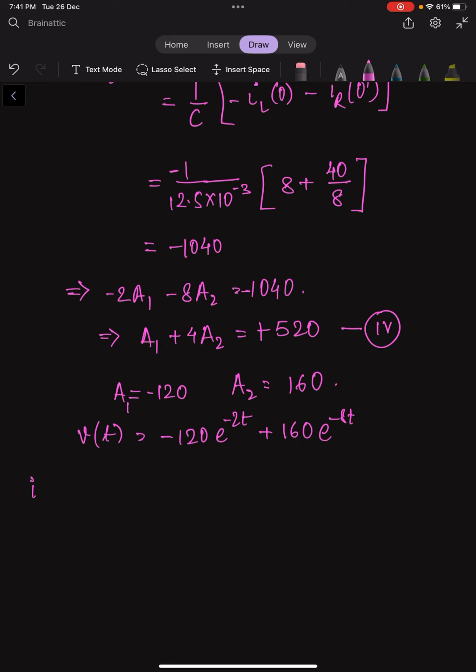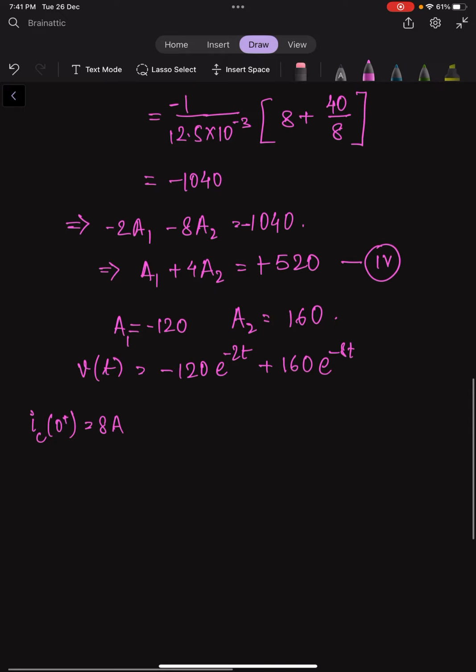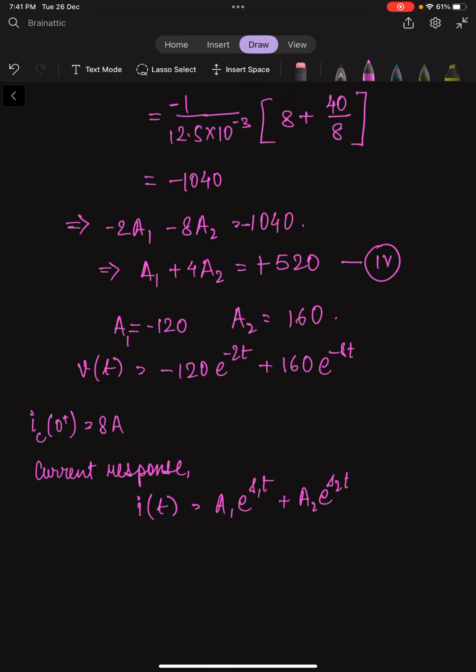Here we are given that IC(0+) is 8 ampere. Now the current response for the overdamped system which we have is given as i(t) is equal to A1 e power S1t plus A2 e power S2t.